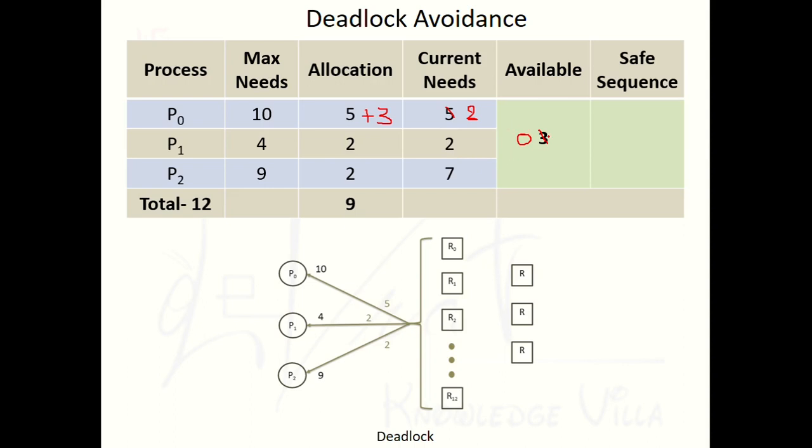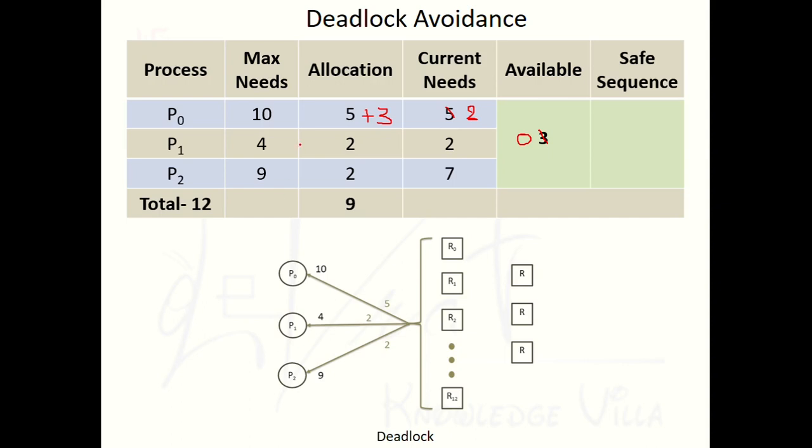Are there any resources on hand? No, there are no resources available. So is it possible to complete any process? No, because all of the processes require resources, and whatever resources they require are held by other processes.